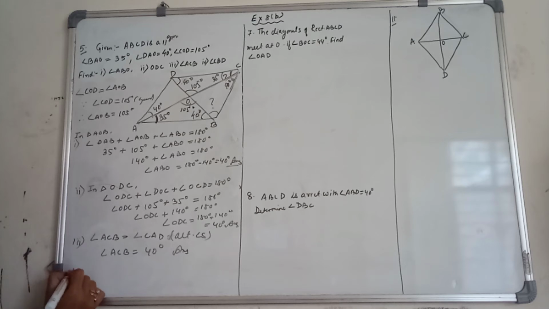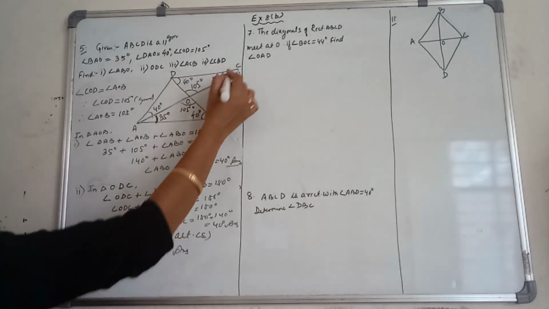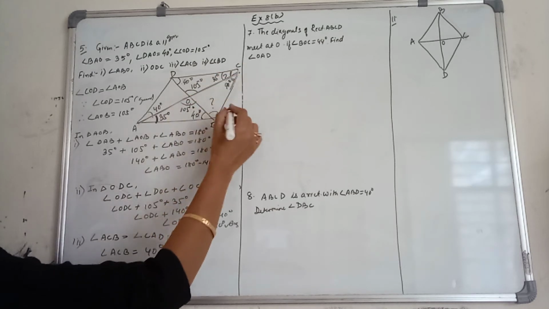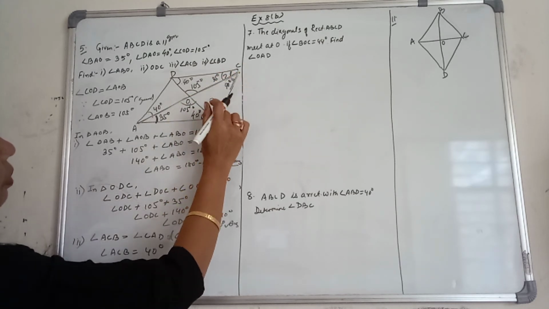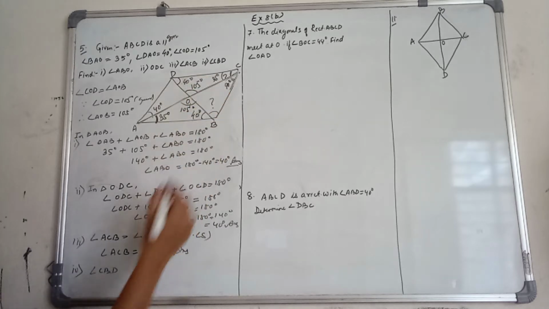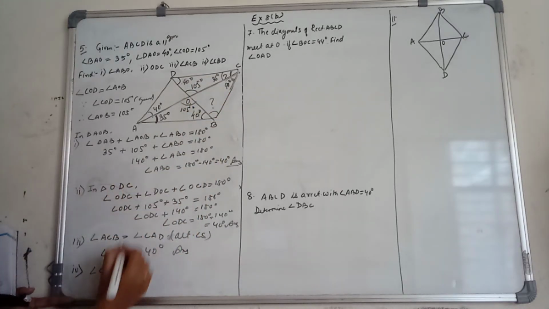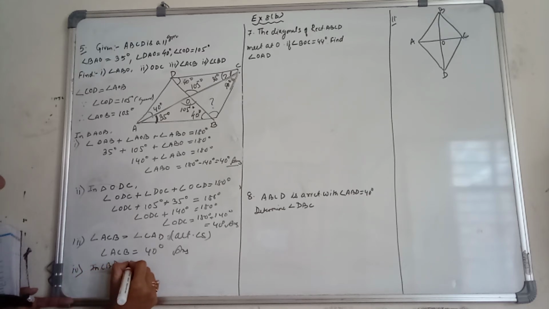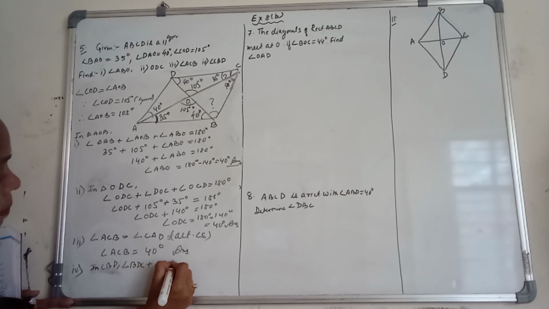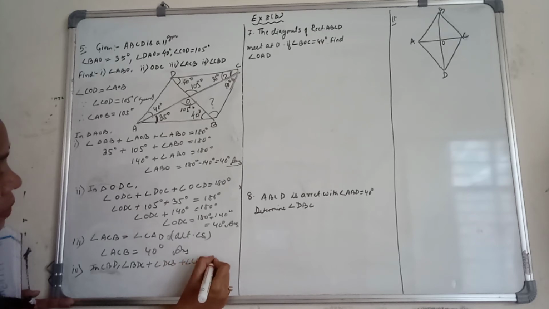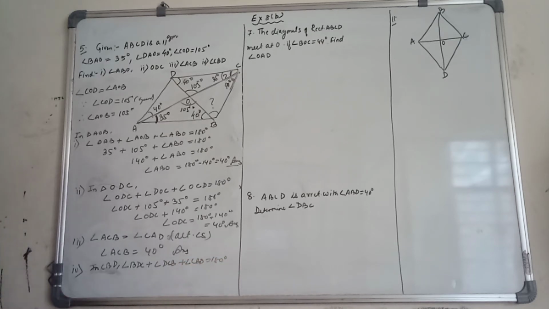Third answer. Now number 4, for angle CBD. It means this is also 40 degrees. Now you have to find CBD. So find out CBD in triangle CBD, angle BDC plus angle DCB plus angle CBD is equal to 180 degrees.